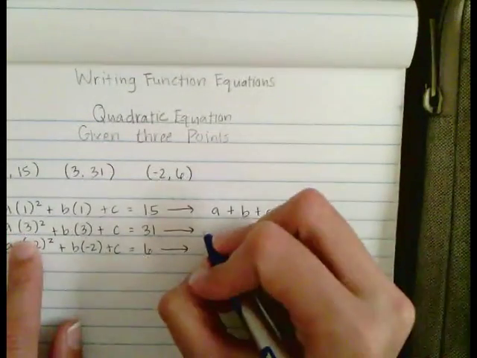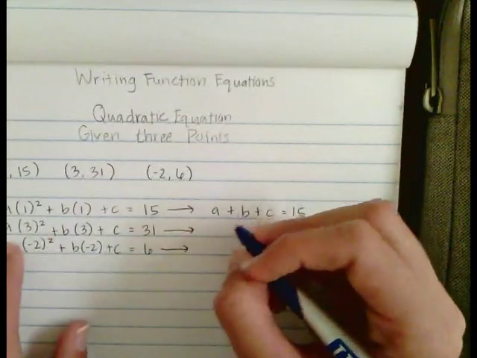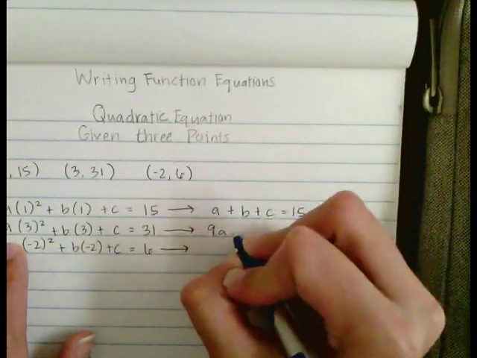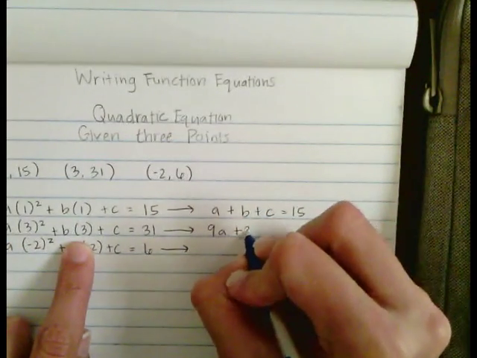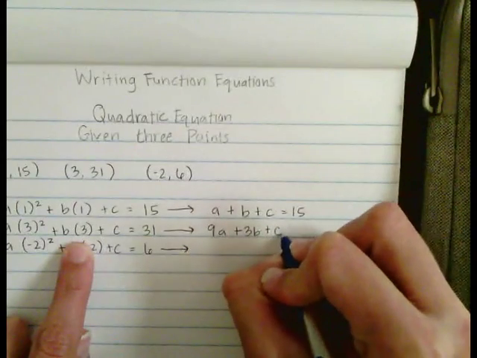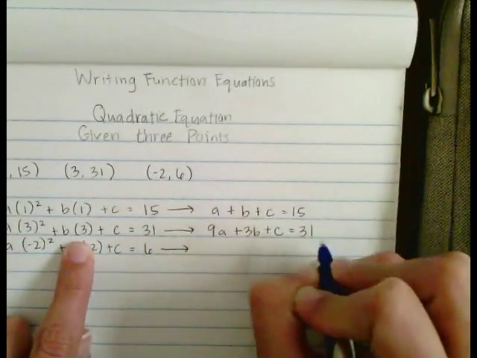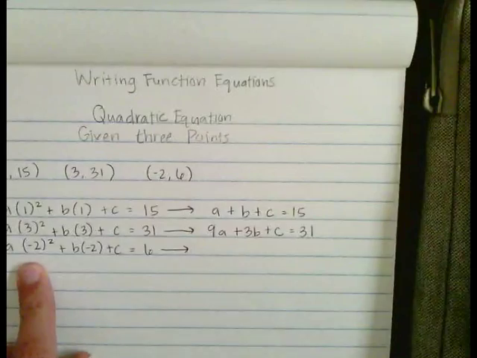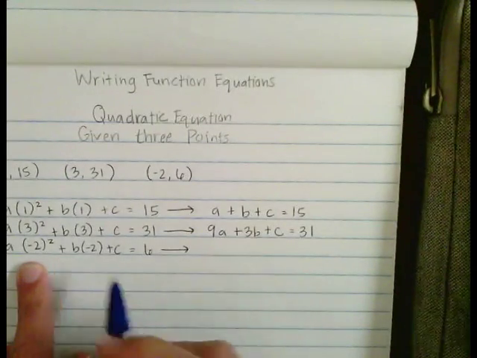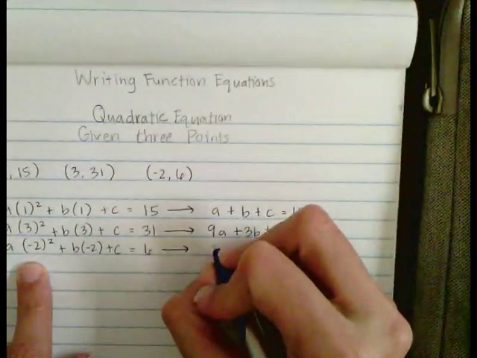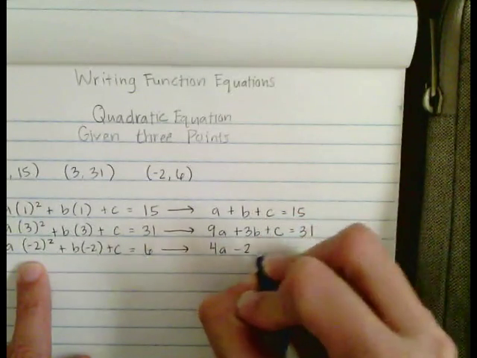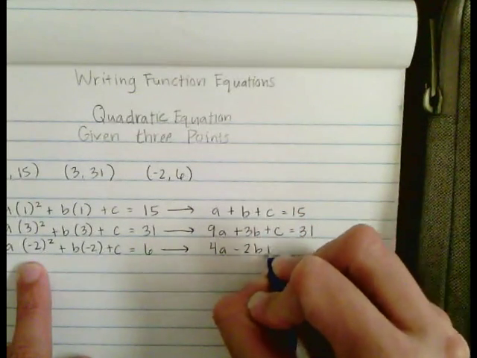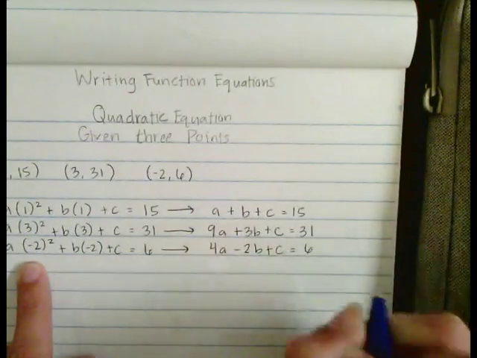Now 3 squared times A is 9A plus 3B plus C equals 31. Now you're going to simplify this last equation, and you're going to put 4A minus 2B plus C equals 6.